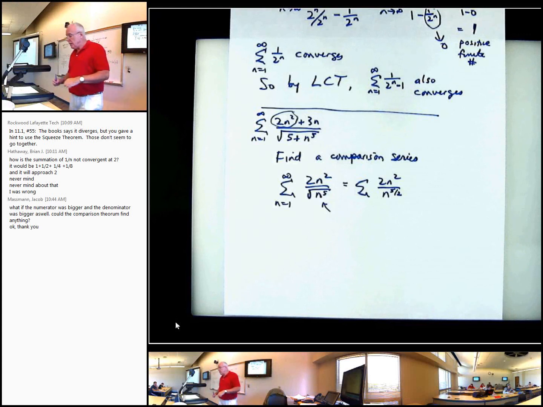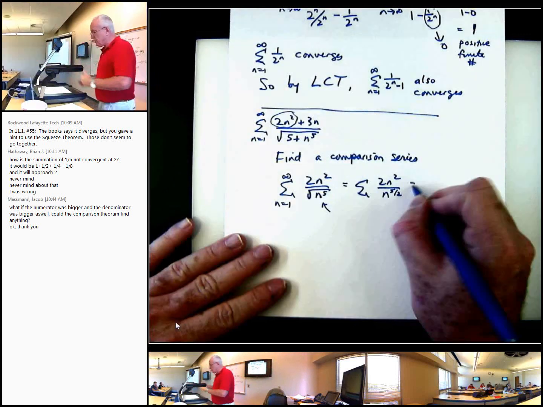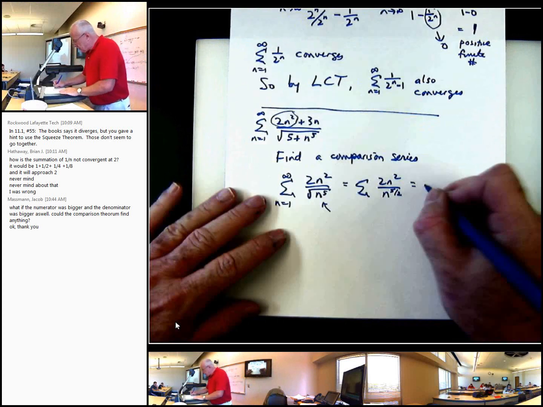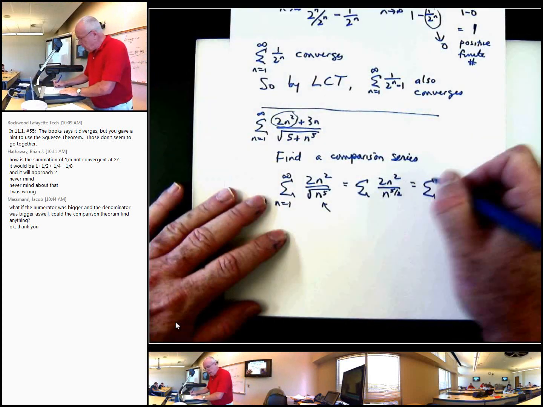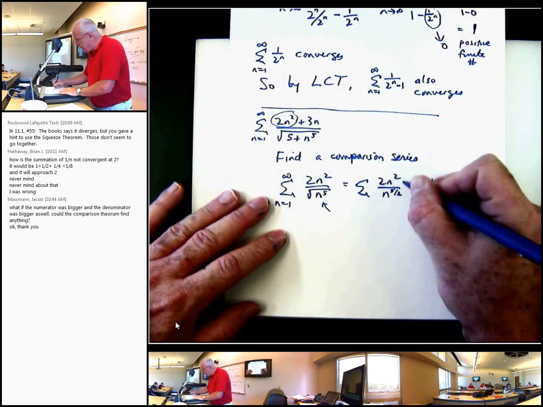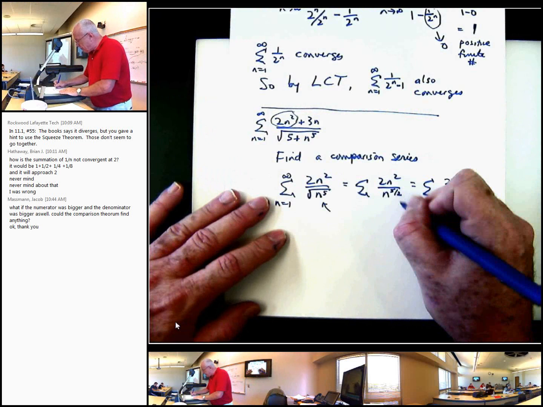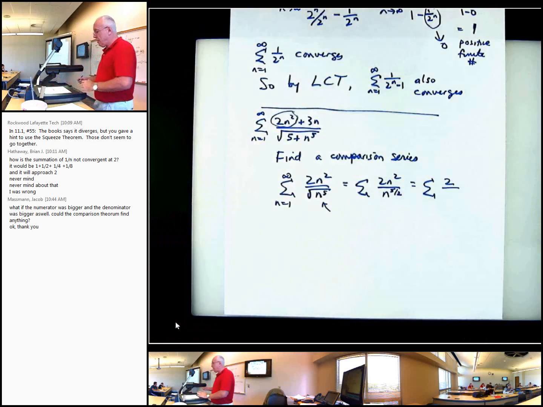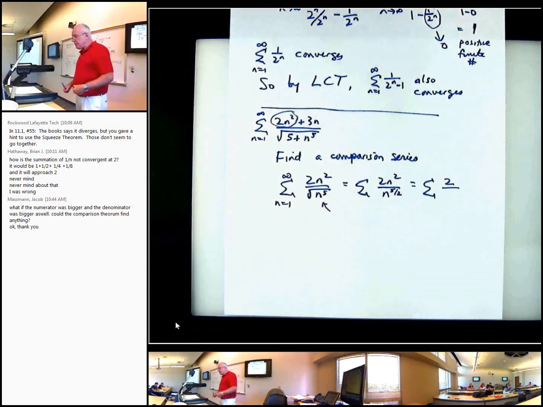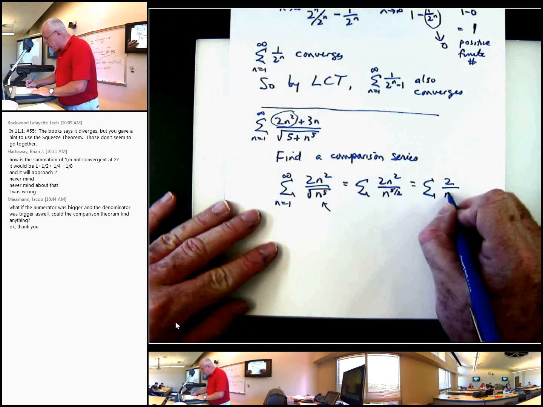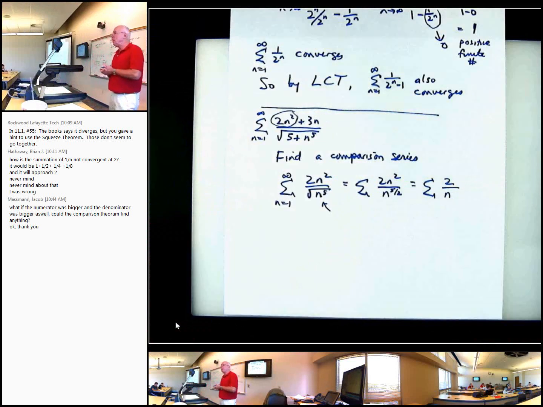The root here is a 2 because it's a square root, that goes on the bottom. And so then let's just use rules of exponents here. So this is the summation of 2n squared over n to the 5/2. What's 5/2 take away 2 for our new bottom exponent?